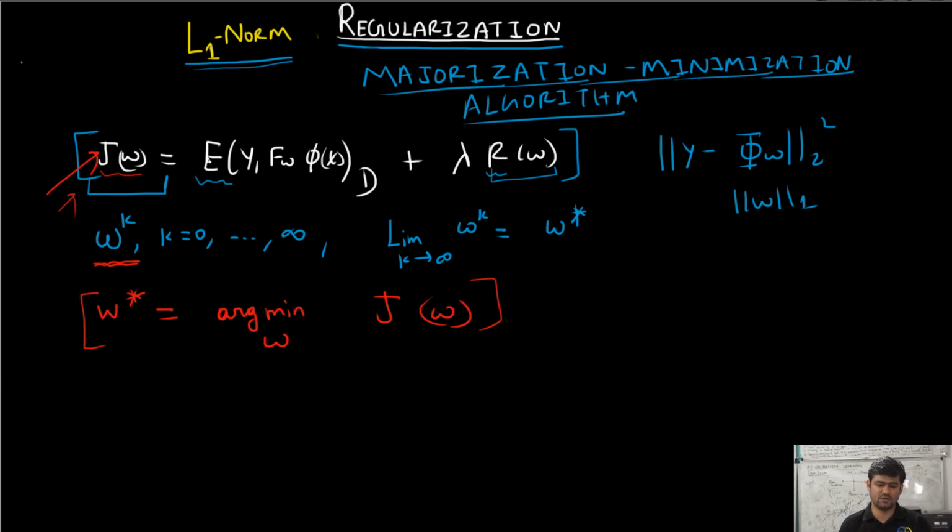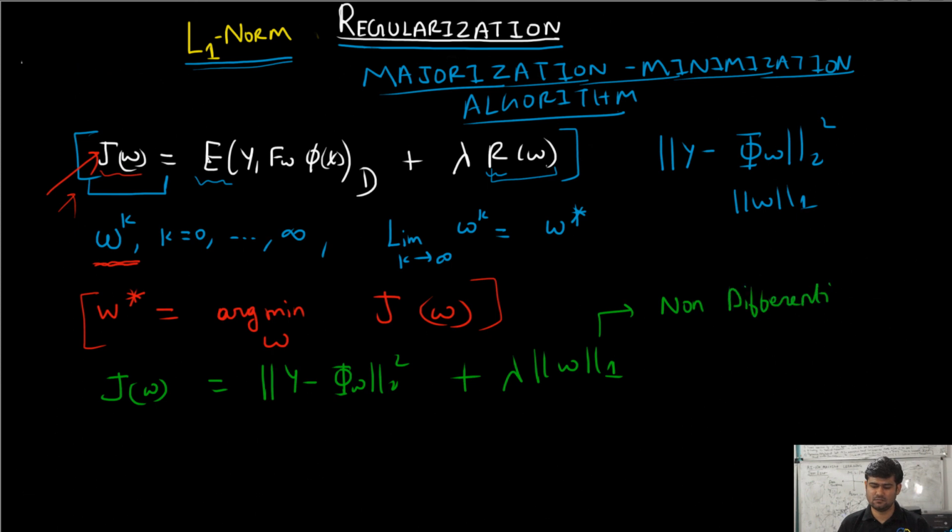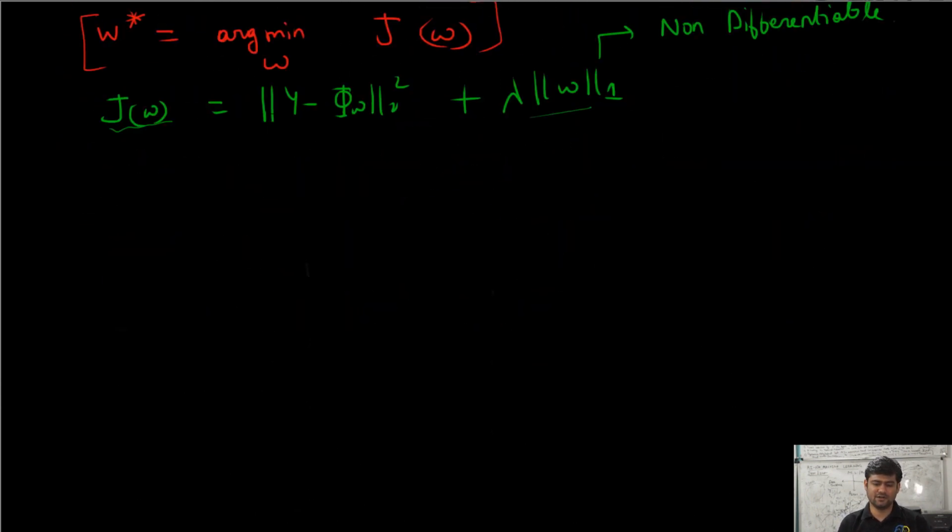In the L1 norm regularized least square problem, we have J of W equal to the L2 norm squared of y minus phi times W, plus lambda times the L1 norm of W. Now we can see that, one, it is non-differentiable, and second, because of this L1 norm term, there is no closed form solution for minimizing this loss function J of W.